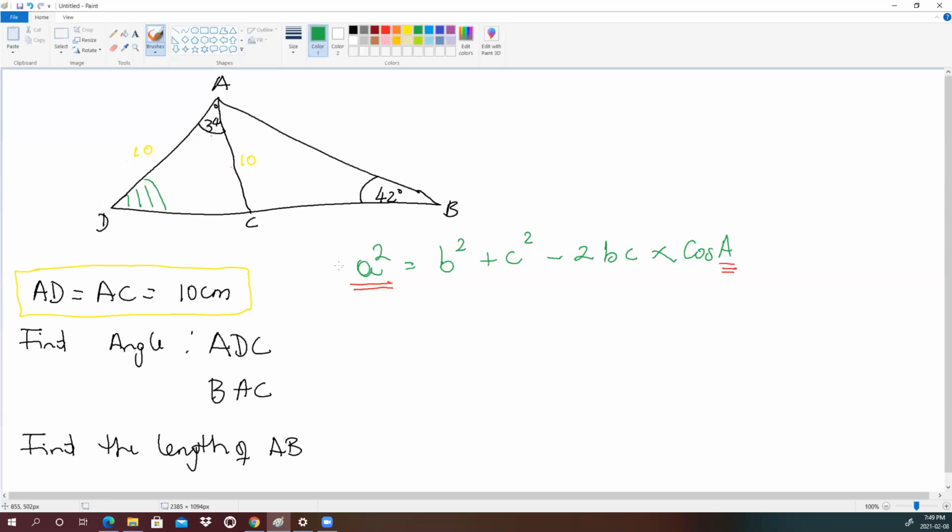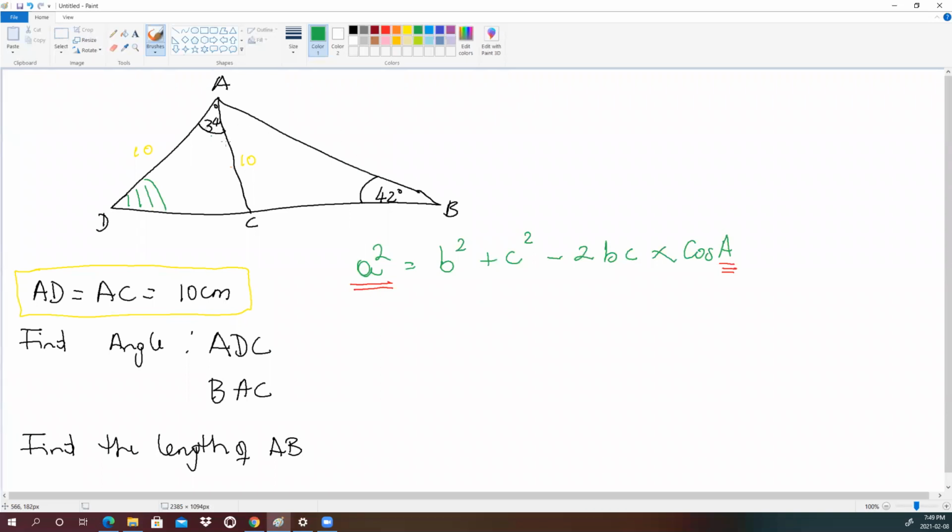This is a general formula, so it's saying if you have a side, and we're just going to call that side A because all triangles are different, and you have the side A and the opposite angle, which is capital A, this formula can apply to solve it. The other two sides, you square them, add them, minus 2 times the other two sides. That's all this formula is saying.